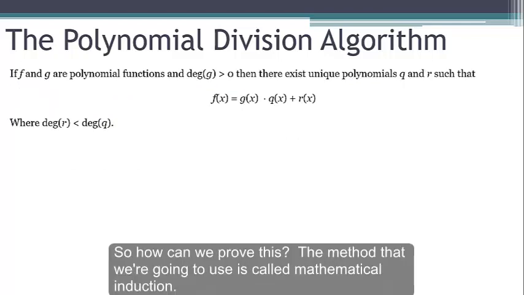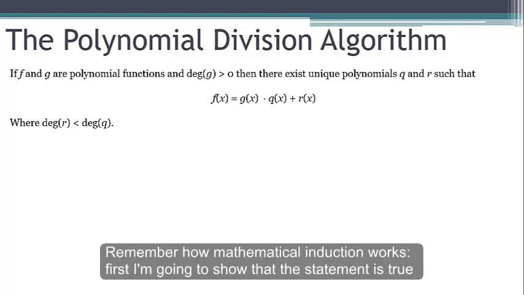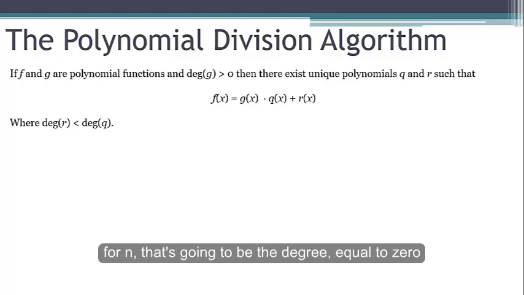So how can we prove this? The method we're going to use is called mathematical induction. And specifically, we're going to do this on the degree of f. You remember how mathematical induction works. First, I'm going to show that the statement is true for n, that's going to be the degree, equal to 0.